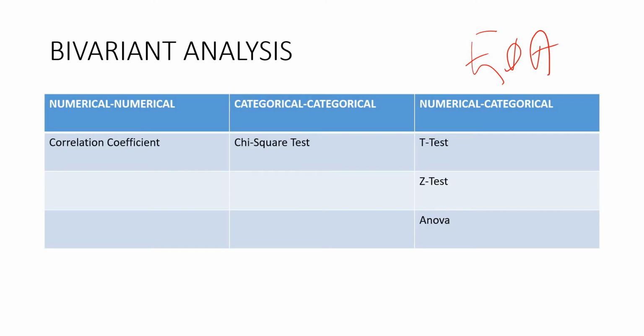There can be categorical and categorical, then numerical and categorical. If it is numerical to numerical, you go for the correlation coefficient; categorical to categorical, the chi-square test; and numerical to categorical, you have the t-test, z-test, and ANOVA.